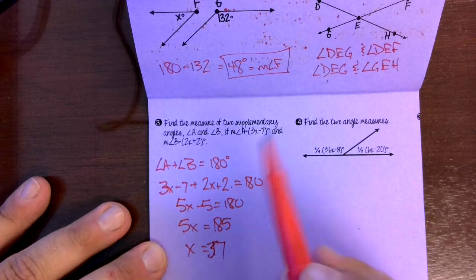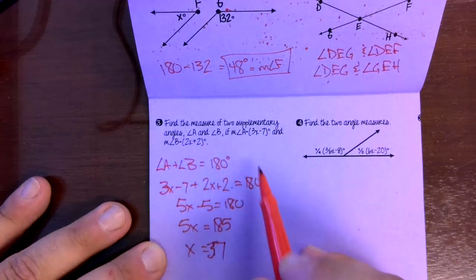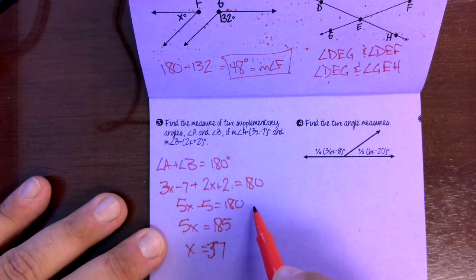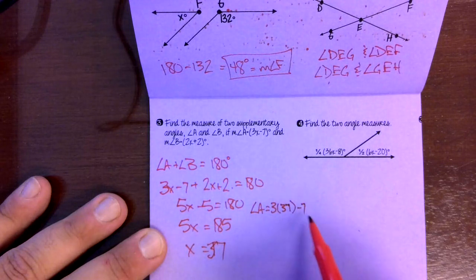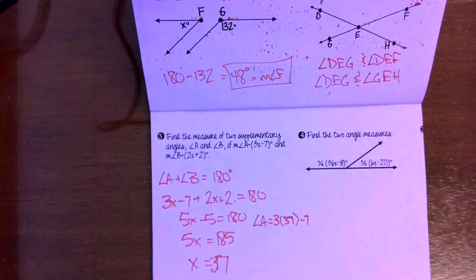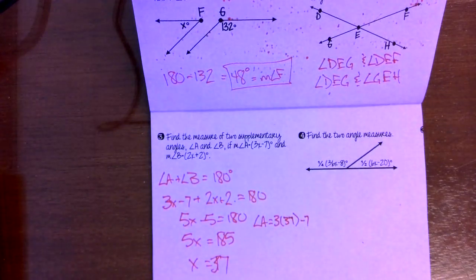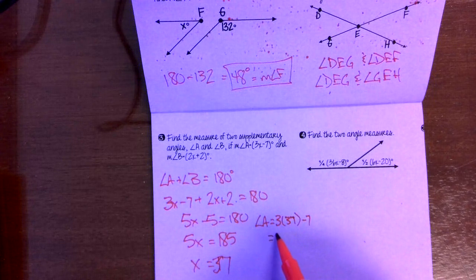Now I want to find the two angles, so I take that 37 and plug it in: 3 times 37 minus 7. I'm just going to use my calculator to figure that out. I type that in and I get 104.